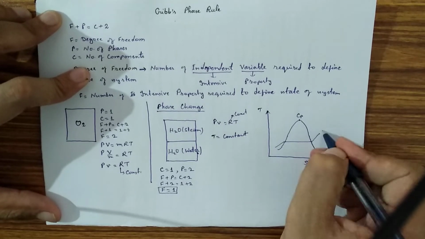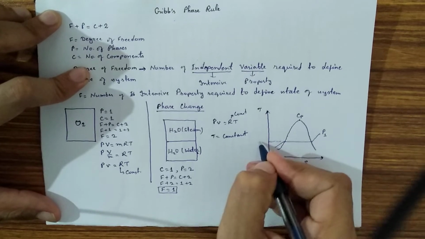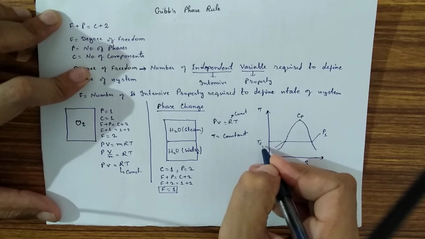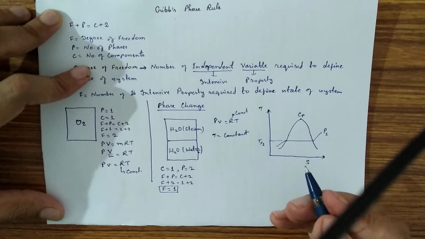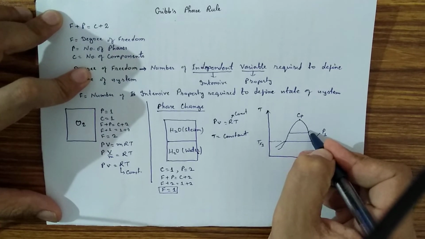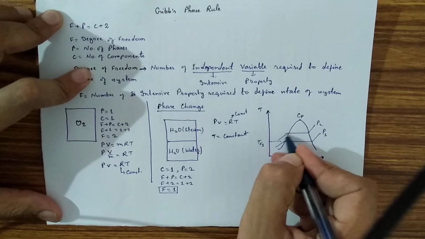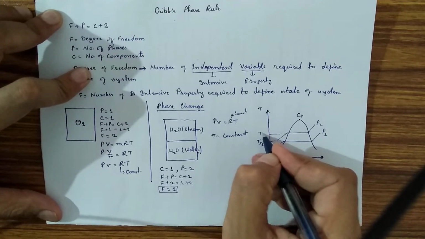For a particular pressure, we will have a saturation temperature as TS1. If we change the pressure to P2, we will have another saturation temperature.